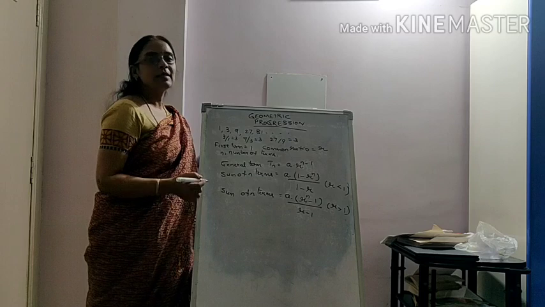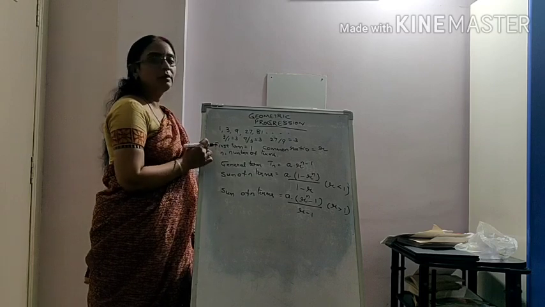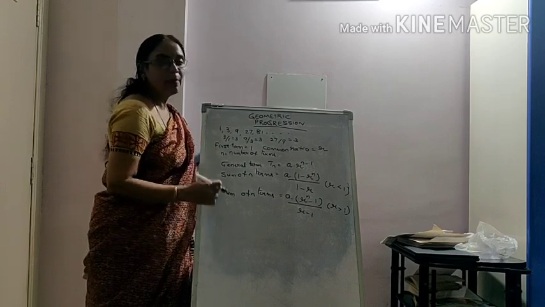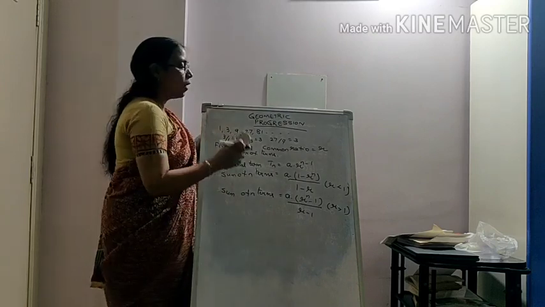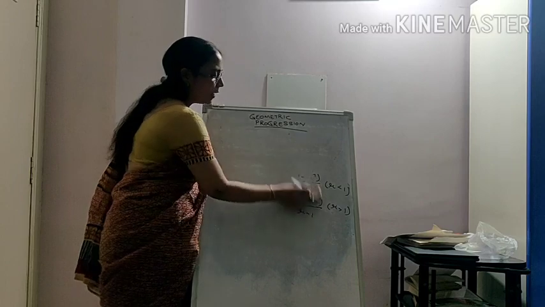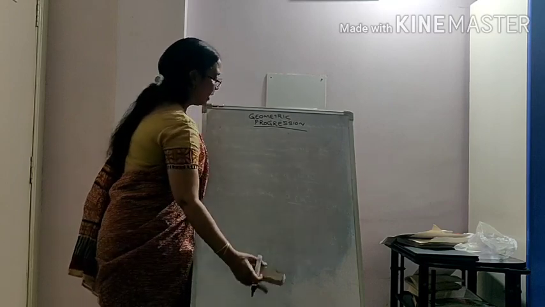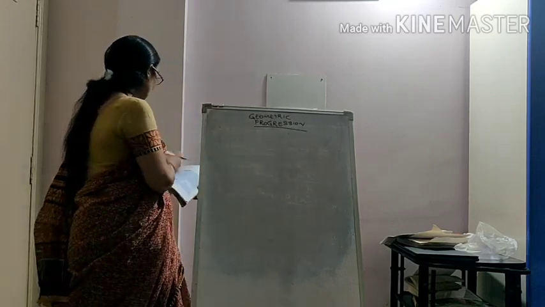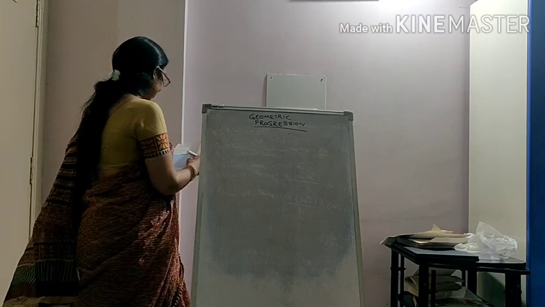In this class, we will be finding the geometric progression and the sum of terms in GP. When some terms are given in GP, how can we find the sum? Those things we will see. Let us see some examples.